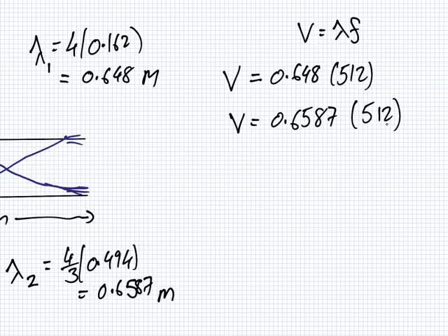So what's the problem here with these two lines? Well, this is supposed to be the speed of sound, but we should get the same answer for both. And we get nearly the same answer for both, not exactly the same.